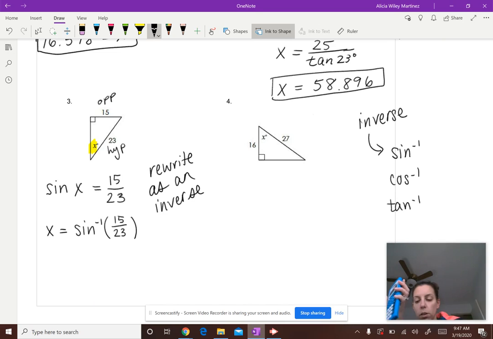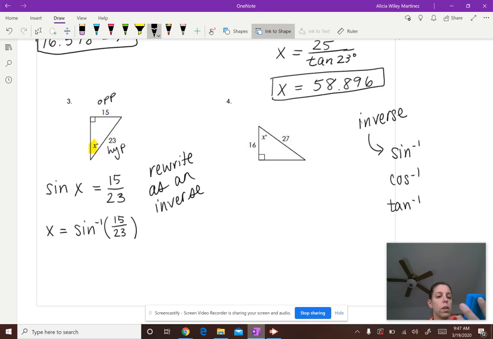So on this calculator, what you're going to do is press second, then sine, and that will give you the inverse sine, right? And then you're going to put in 15 divided by 23.